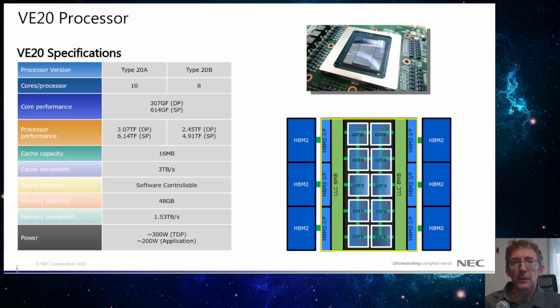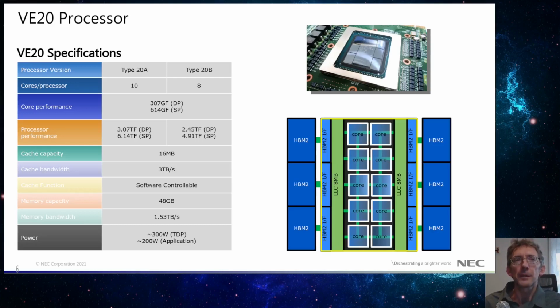The Vector Engine processor has meanwhile reached version 2.0, and is built in 16 nanometer technology. So this is a technology of the year 2017, 2018. You see here a picture of the chip.